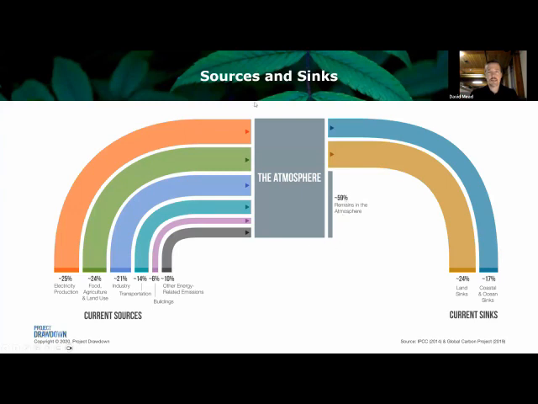But the key concept here is that, at the moment, we're overwhelming the sinks. So the natural sinks include land sinks, so that'd be sequestration through forests and soils, and then also ocean or coastal sinks. So roughly 60% is staying in the atmosphere today.